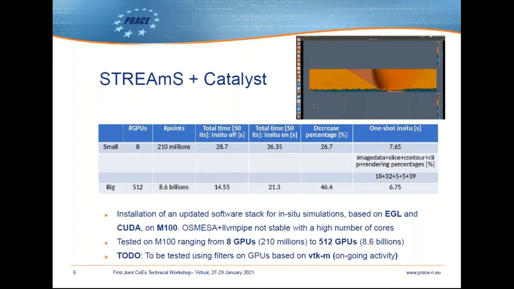What we are testing now is to work with the VTK-m filters, which are the GPU implementation of the normal filters that you find in ParaView, in order to reduce the memory transfer between GPU and CPU.